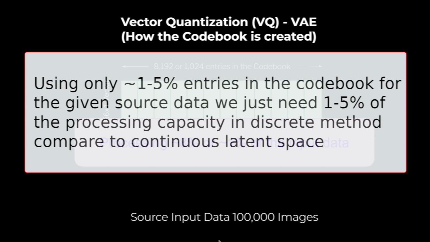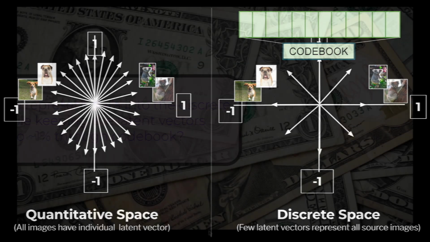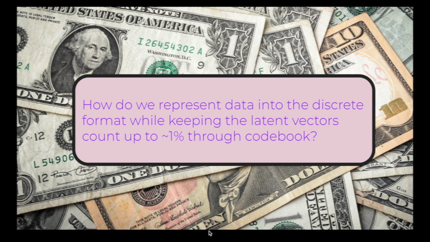In practice, this method is quite complex, but for simplicity, you can understand it this way. This helps us prove the previous concept of applying discrete data representation instead of continuous data representation by using vector quantization. So the million-dollar question is, how do we represent data in the discrete format while keeping the latent vector count to 1% through the codebook?